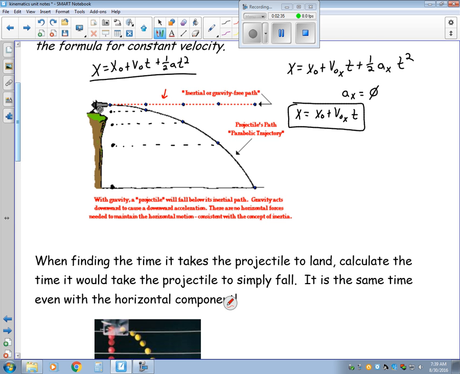On the y-axis, we have that model. And on the y-axis, the acceleration equals g, which we can basically say is negative 10 meters per second squared, or in your math classes, they'll use 32.